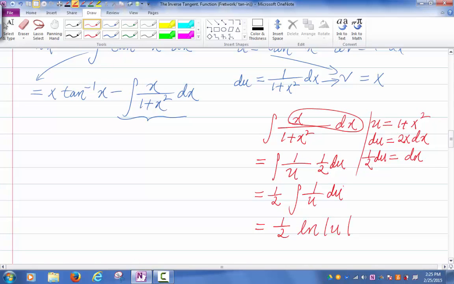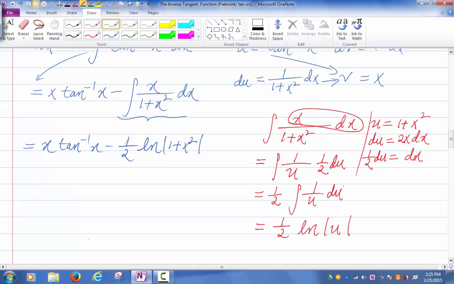However, then I have to write back u equals to what? So then what am I getting at the end? X tangent inverse of x, and then the integral is half ln of absolute value of u, but u is what? 1 plus x squared.